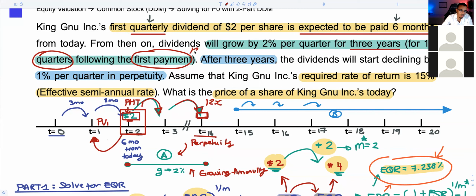If we grew for 12 quarters, then we had our first payment. You have your number one payment, that's your first payment, but then it has to grow 12 times. So 1, 2, 3, 4, 5, 6, 7, 8, 9, 10, 11, 12. So you get all the way to 13.